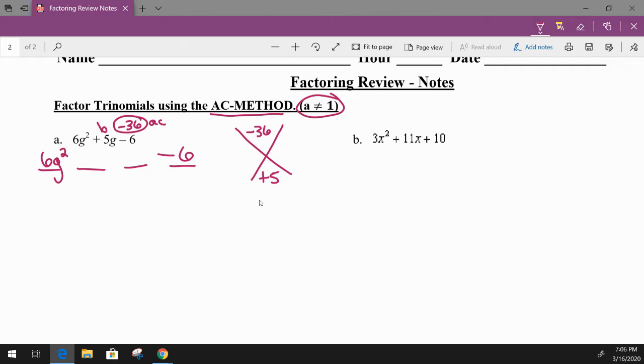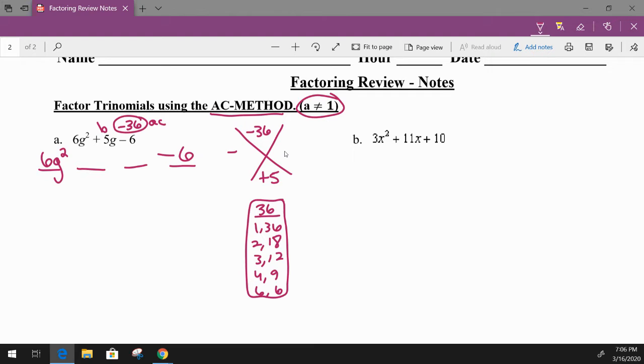So 36 has a lot of factors. We can list them down here. 1 and 36, 2 and 18, 3 and 12, 4 and 9, 6 times 6. So there's a lot of factors of 36. Since the 36 is negative, so they have to multiply together to equal a negative number, the signs must be different.